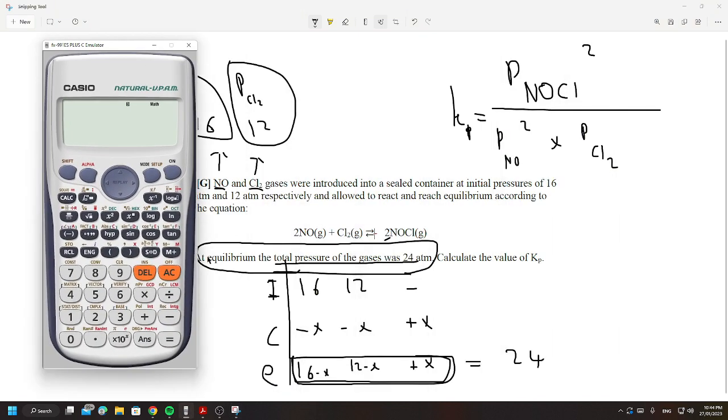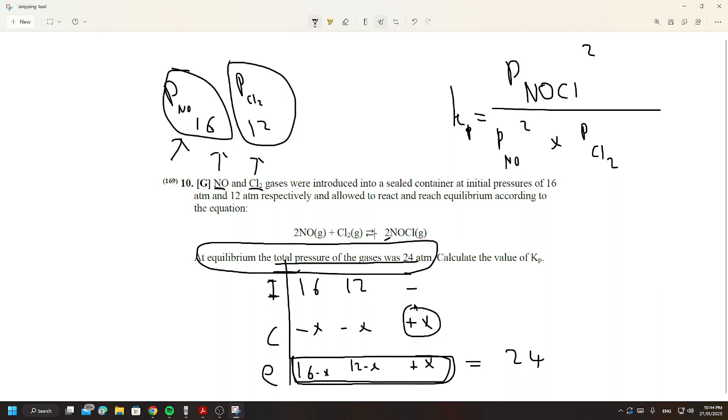Let's do this on the calculator. So 16 minus x plus 12 minus x plus x equals 24. Solve for x, and we got the pressure of NOCl to be 4.